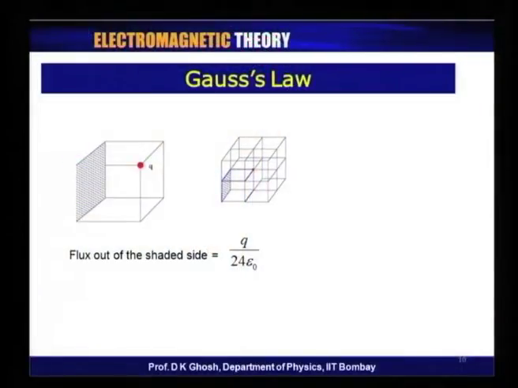I have here a cube, and at the corner of the cube, I have put a charge q. But before I illustrate this, notice a couple of things. The physical content of Gauss's law is the same as that of Coulomb's law. There is nothing more, nothing less.